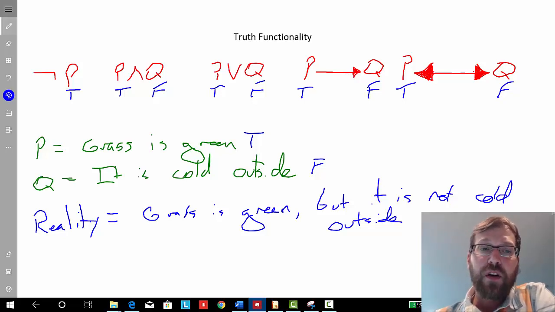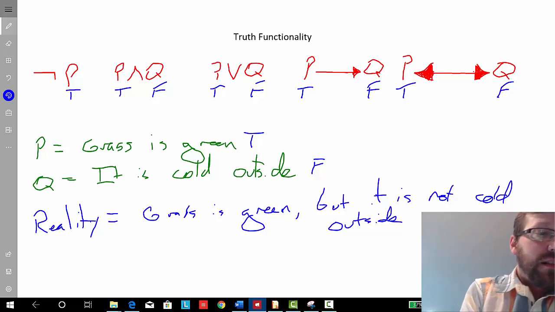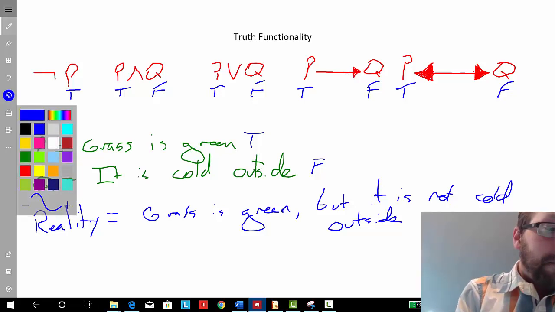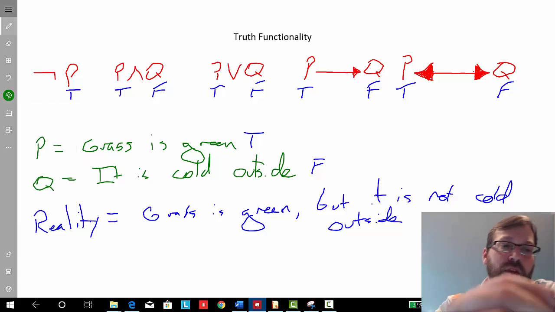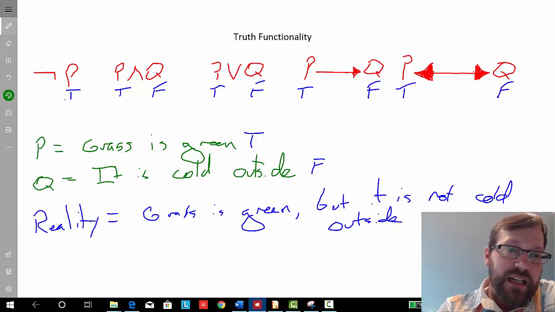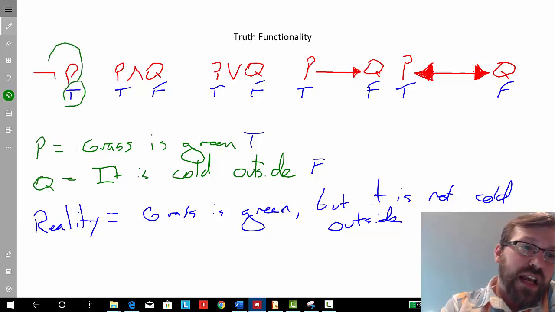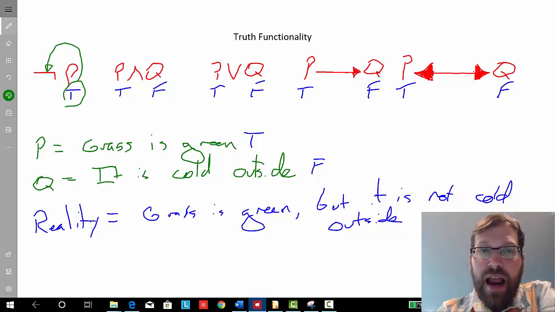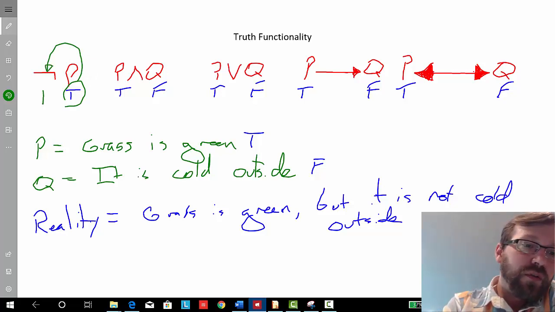These connectives are truth functional because the meaning of these compound sentences that are formed through them are a function of the truth value of their constitutive sentences and the meaning of the connective in question. So for instance, when T is an input to negation, negation outputs false.